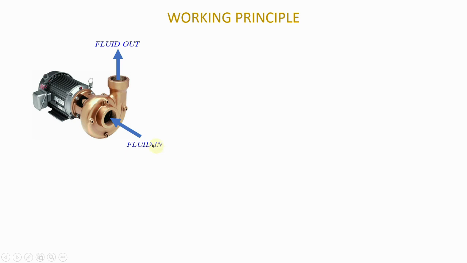So the suction pipe will be connected here, and the discharge pipe will be connected there, okay? And so this motor, of course, is spinning the impeller inside of the centrifugal pump, and in this case it's gonna be spinning anti-clockwise so that it can discharge the water in that direction.